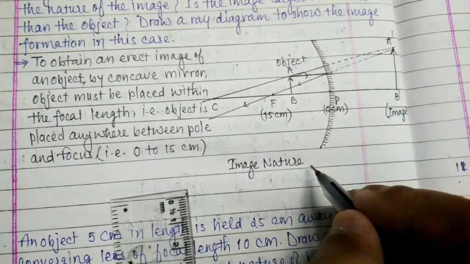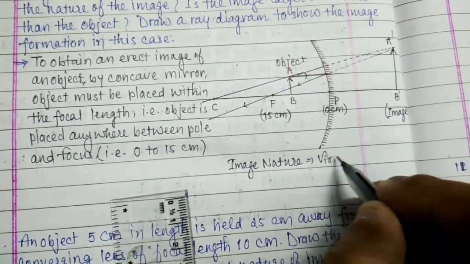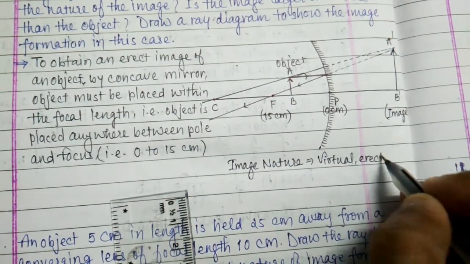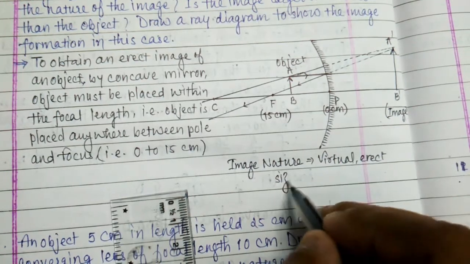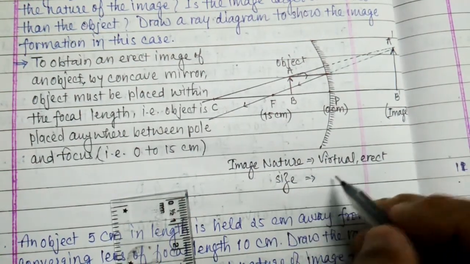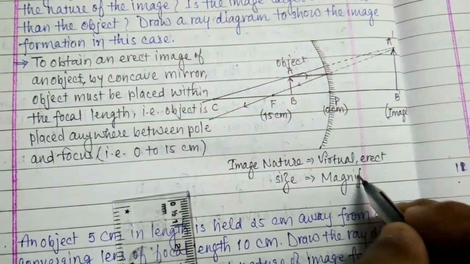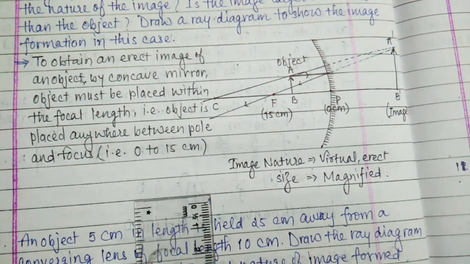Image nature: virtual, erect, and size magnified. So we obtain magnified image. It is virtual and erect.